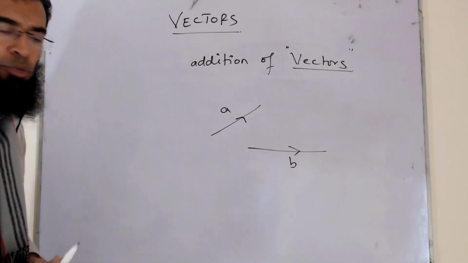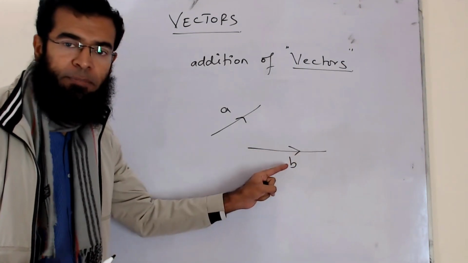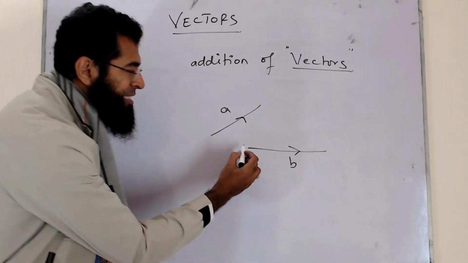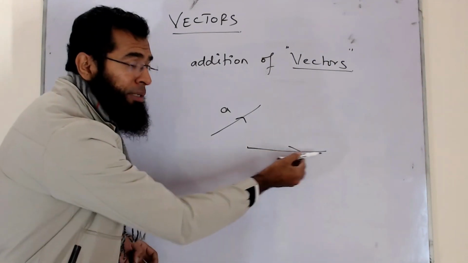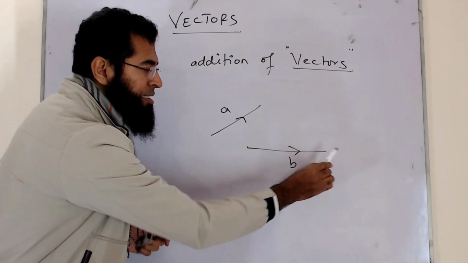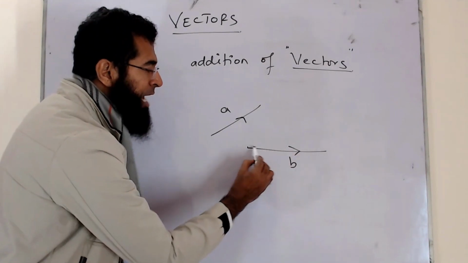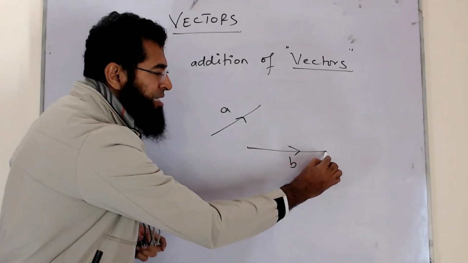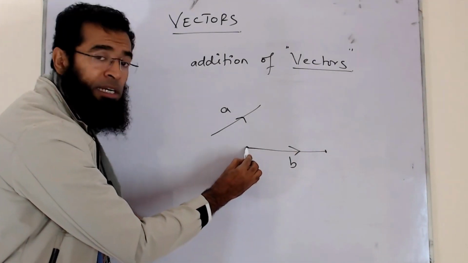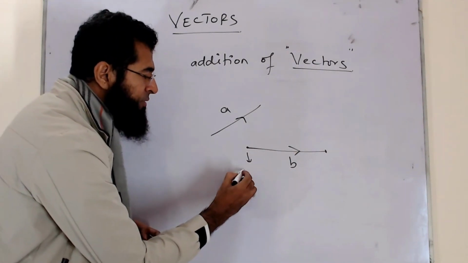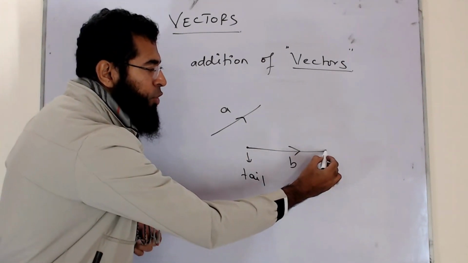What do you mean by the head to tail rule? Let's take one vector, for example this vector B. This is the starting point of the vector, and the arrow is pointing towards the other side, so it ends here. This is the head of the vector. The starting point I call the tail of the vector, and because it's pointing towards the other side, it ends there.